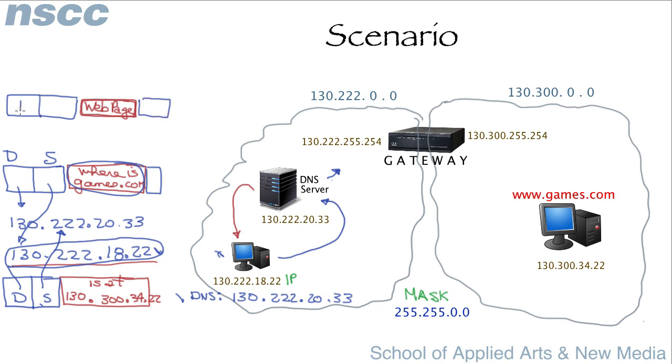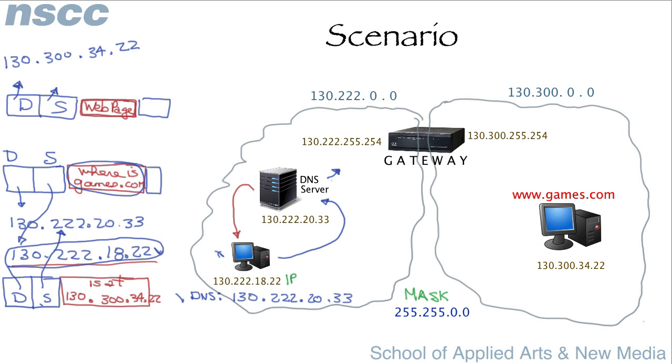Complete the packet. The destination address that it's going to send this request to, it now knows is 130.300.34.22, and the source address is its own address here, 18.22. Now where does it send that packet to? Because it can't directly send it to this machine.